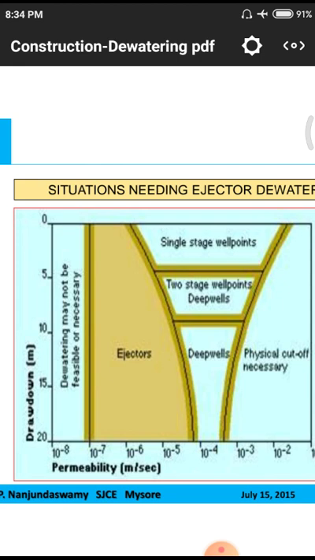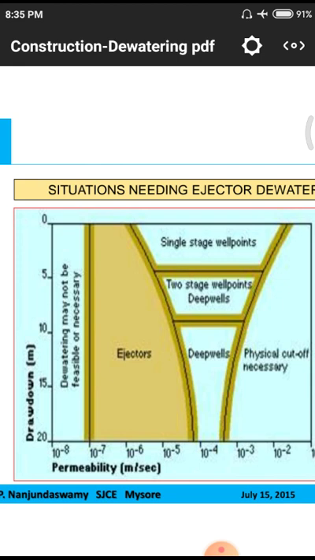On the right hand side, physical cutoff is necessary. If the water lies above 10 meters, that means 10 to 5 meters depth, up to 5 meters depth, we need to use single stage well points.